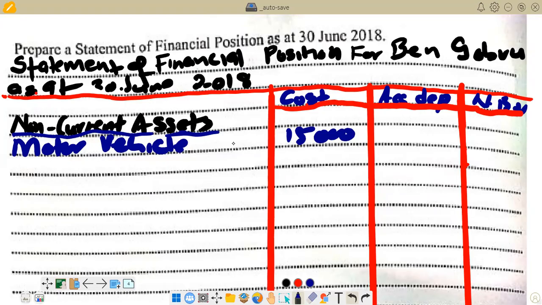Then we add the depreciation that we got for the year to get the accumulated depreciation. Can you try to see?